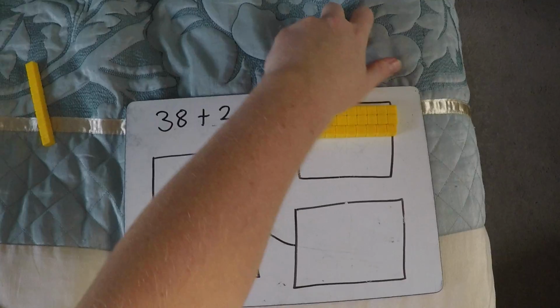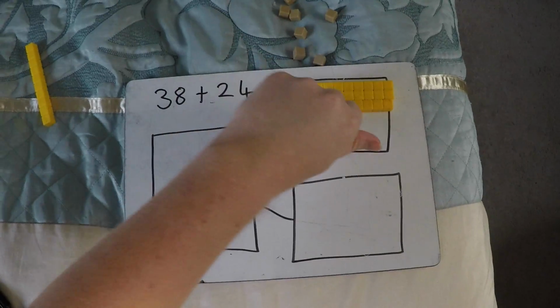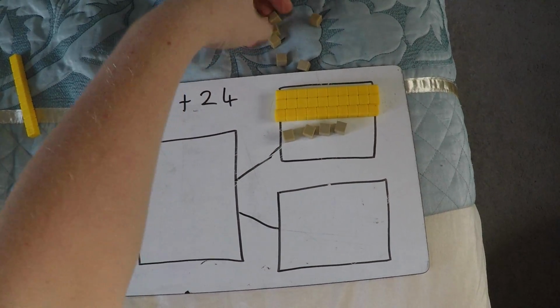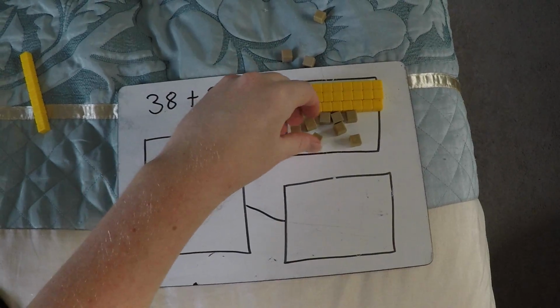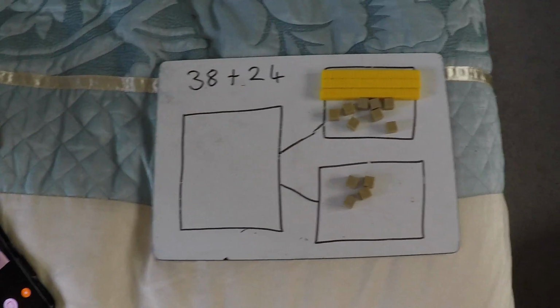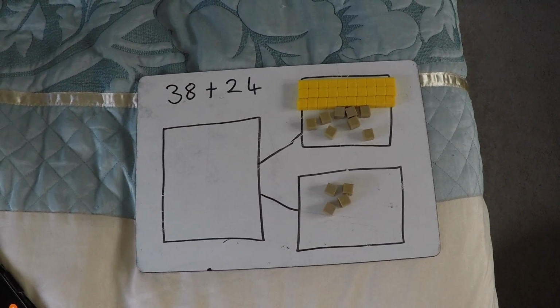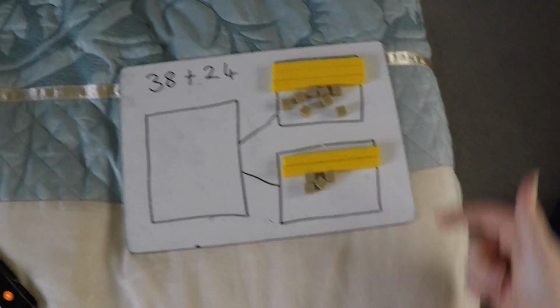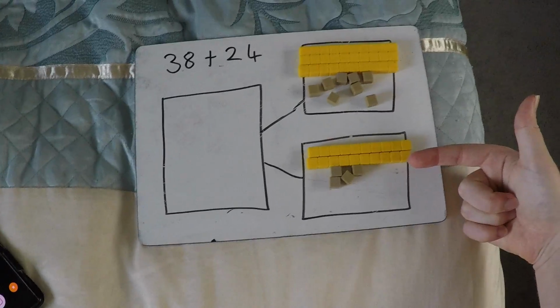There's my 30, and 1, 2, 3, 4, 5, 6, 7, 8. There's my 38. We're going to need another one, and 1, 2, 3. Nope, just 2. Right, so I've got my 38 and I've got my 24.